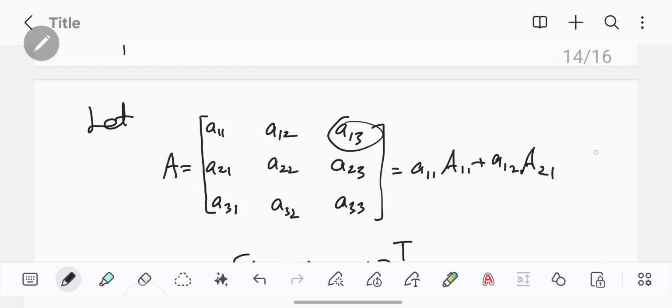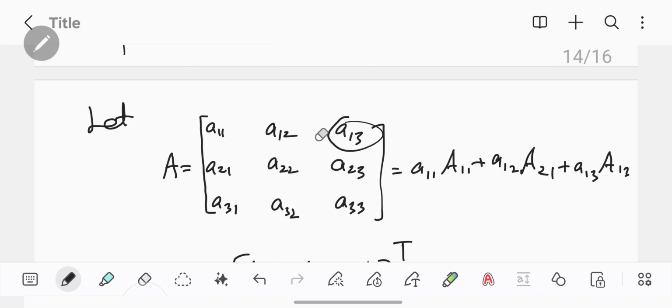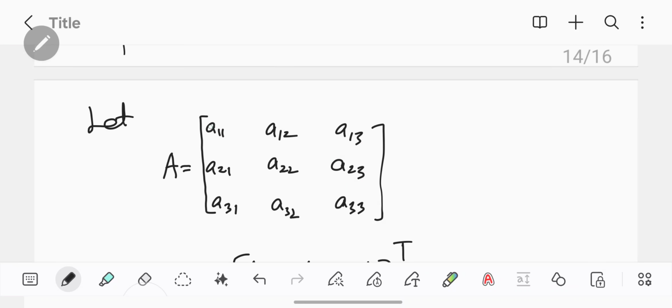And then I will write this number A13 and the cofactor determined by A13. So if the indices are same, then this summation is actually the determinant of the matrix. So this is the determinant of A. This happens when we expand the determinant along the first row.